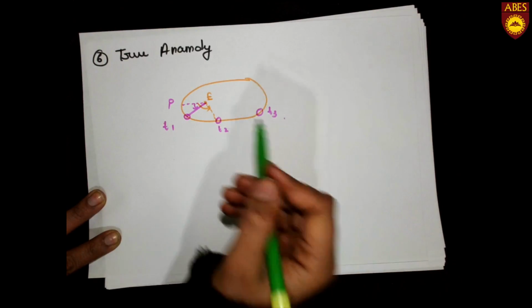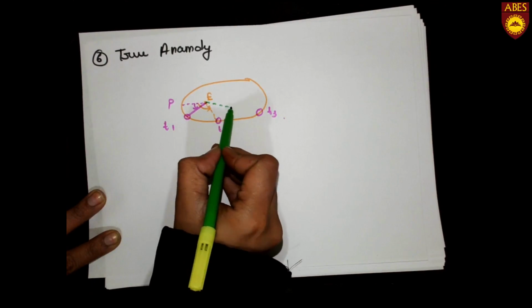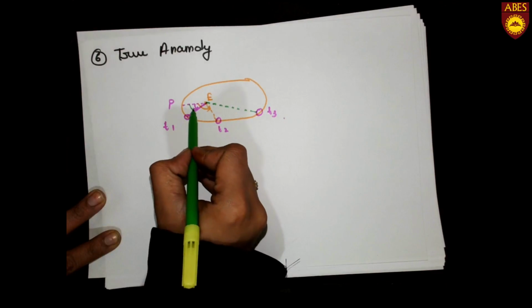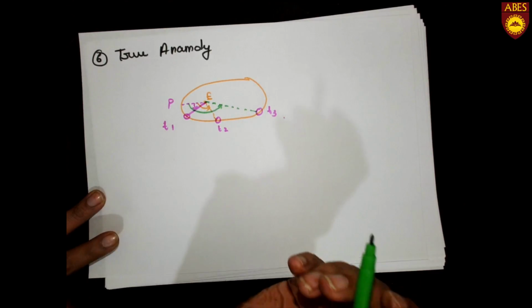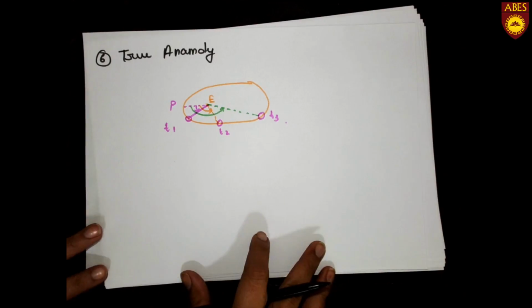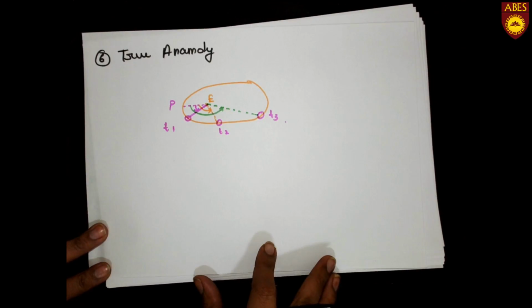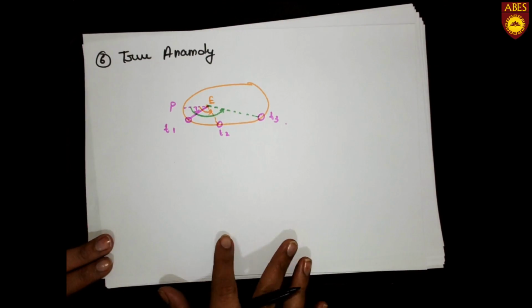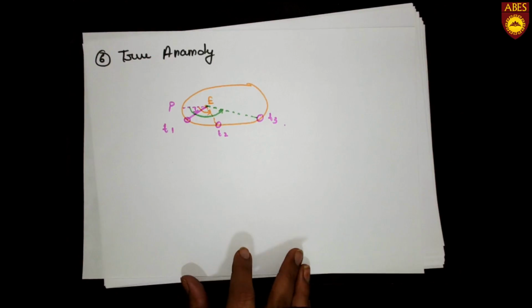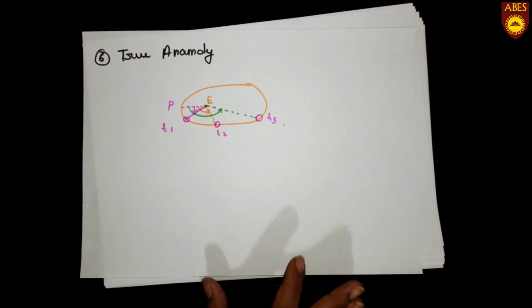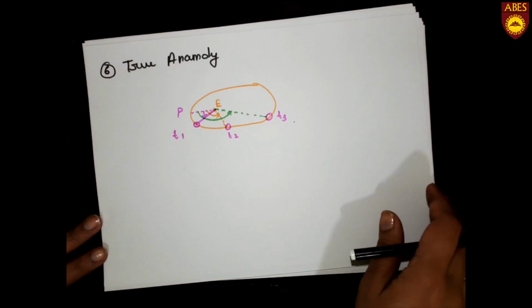At time t3, the angle is again changed, and the direction of this parameter is also anti-clockwise according to the polar axis of our Earth rotation. So these were all the 6 orbital parameters of orbital mechanics, which help us determine the position, shape and location of our satellite in an orbit.